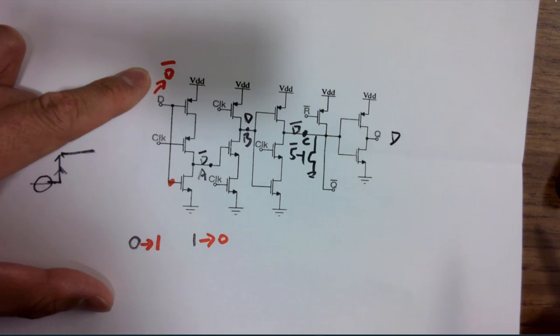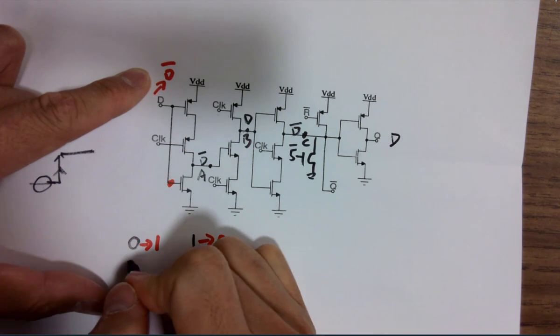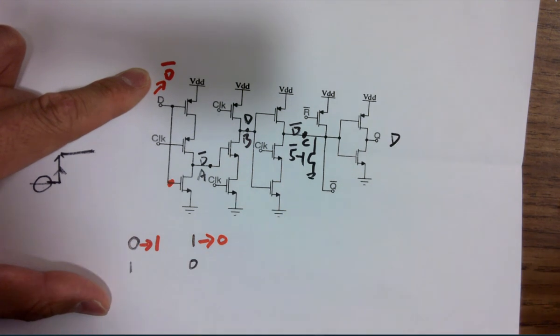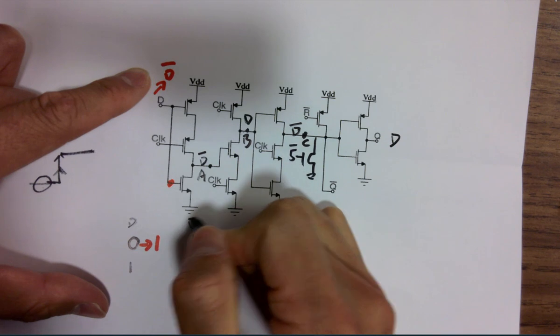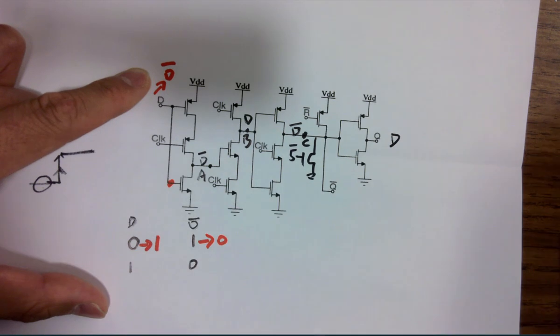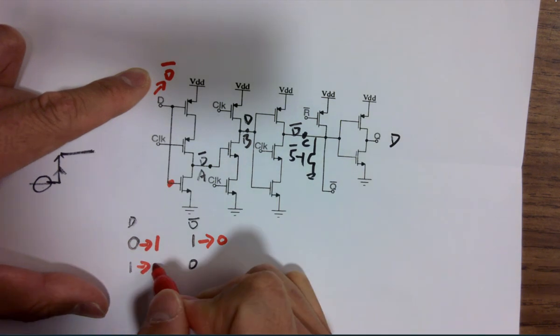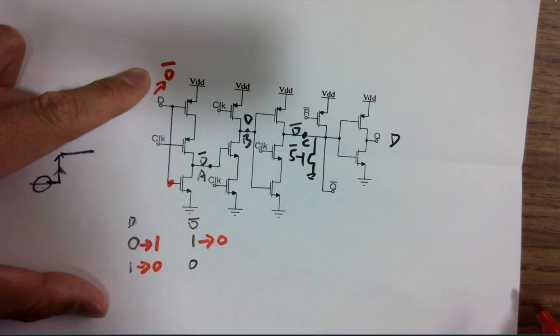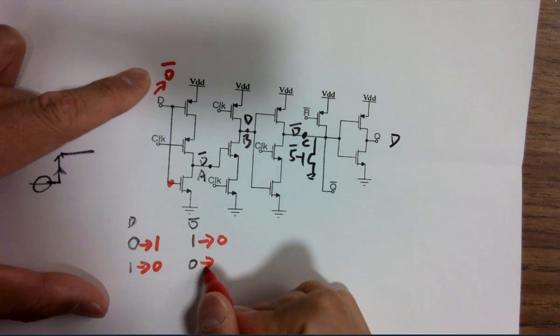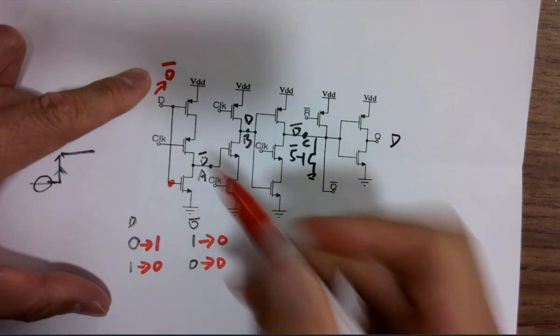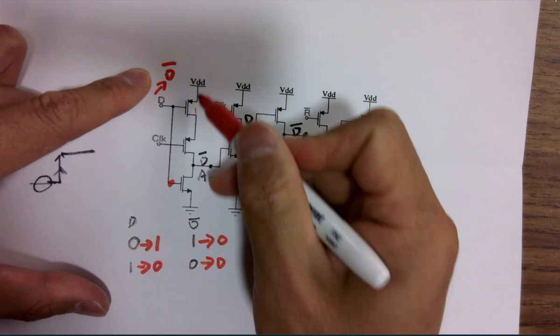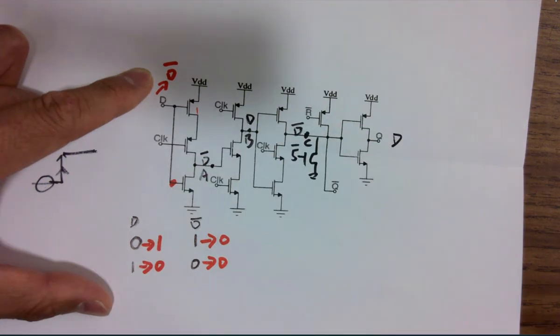If you had 1, 0 for D and D bar, and this one changes from 1 to 0, this will remain unchanged because it's disconnected from VDD. There's no way you can charge it up. It will either be discharged or remain at 0.